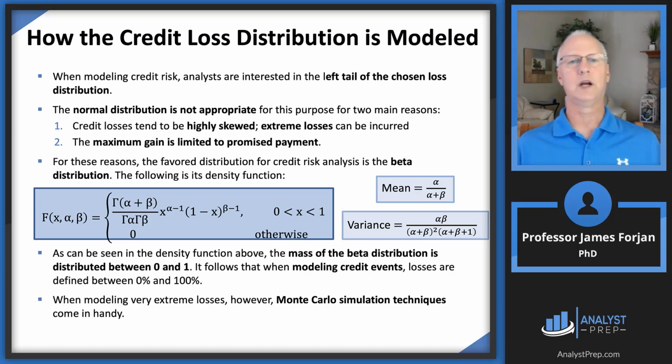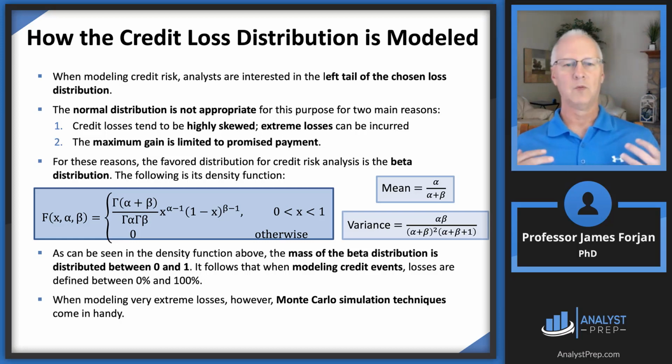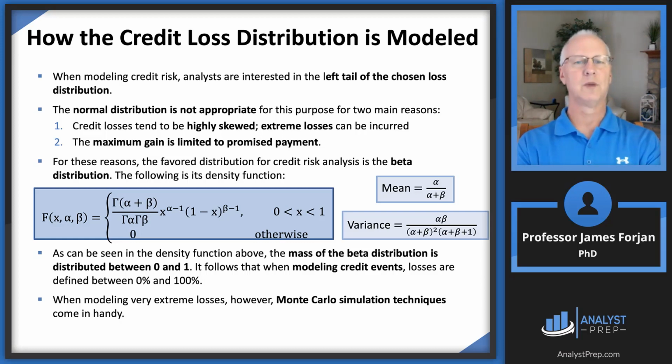Now the question becomes, how do we model this credit loss distribution? Remember that when I lend this $10,000 to my daughter, she's going to repay me over 3 or 5 or however many years. She's going to pay me that $10,000 plus some interest, and let's just suppose that interest is $500.